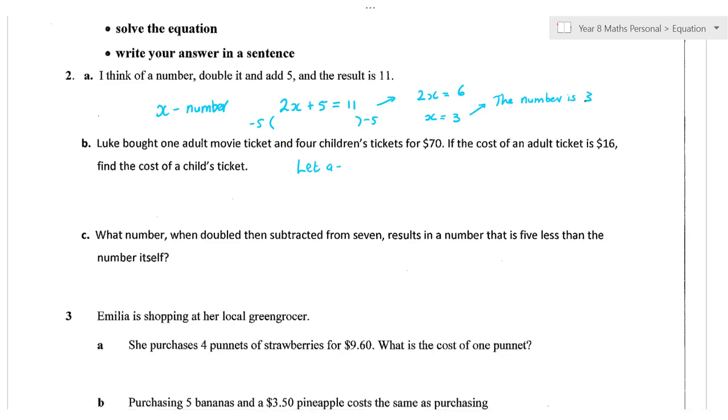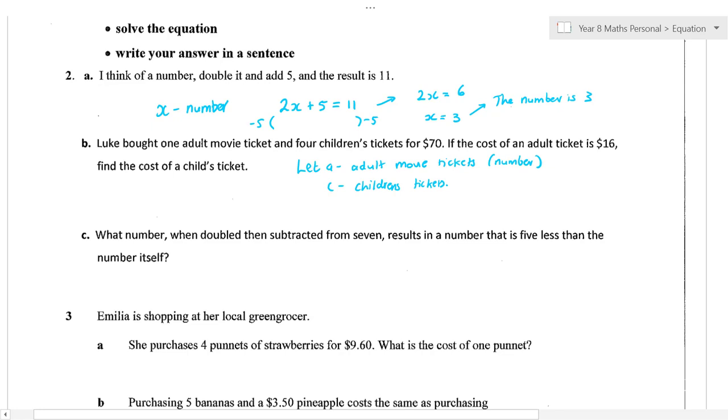Luke bought 1 adult movie ticket. So let A be the number of adult movie tickets. And let C be the children's tickets.